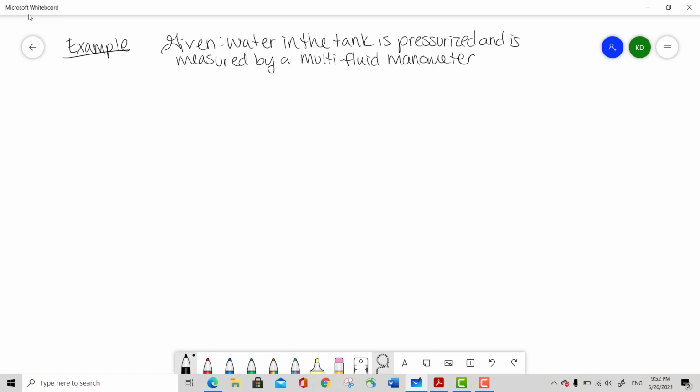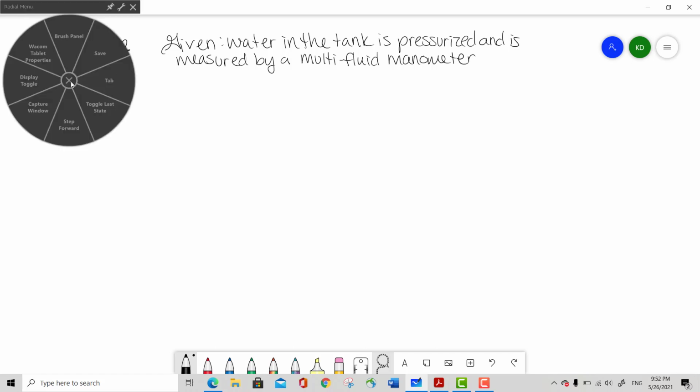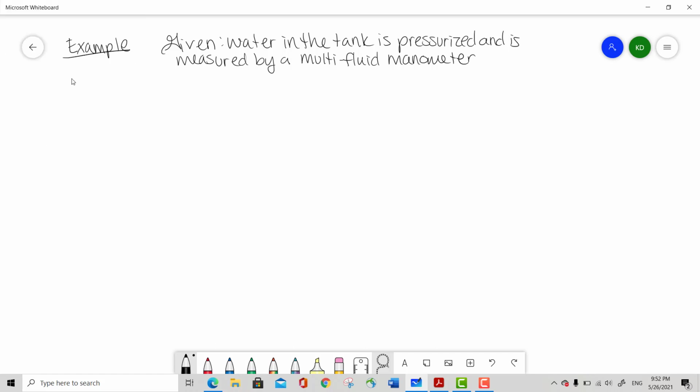So remember, we just had a manometer that had a fluid 1 and a fluid 2. So this is what we're given. H1 equals 0.1 meters. H2 equals 0.2 meters. H3 equals 0.35 meters. We've got rho of oil equals 850 kilograms per meter cubed.